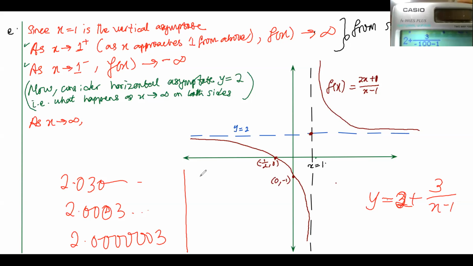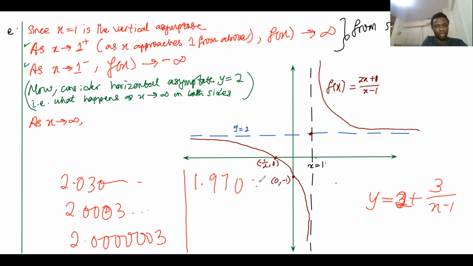What do you get from this? 1.970, 1.97029703. So we have 1.970 and so on. We add 2 more zeros to that.